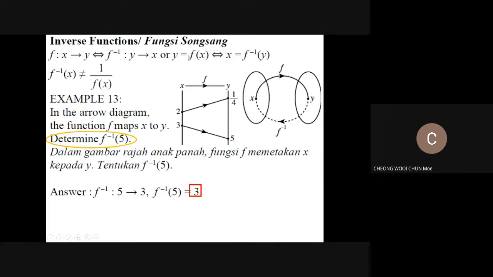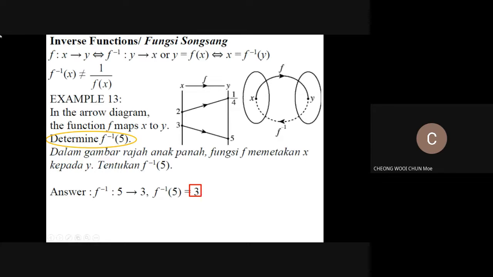Or y equal to function f of x becomes x equal to inverse function of y. Let's look at the diagram to understand better. f(x) equals image y, f of object x equals image y.